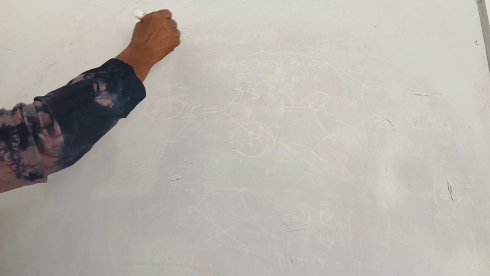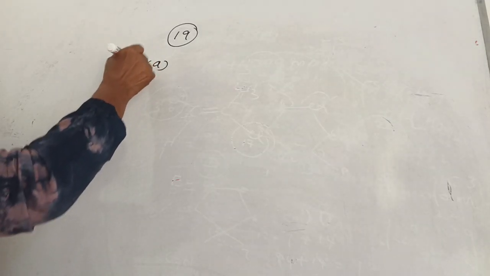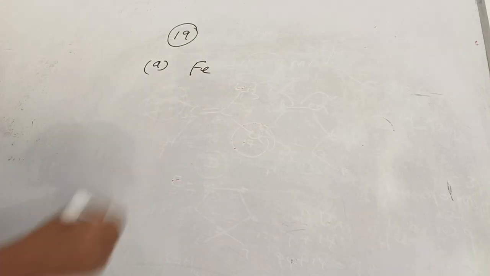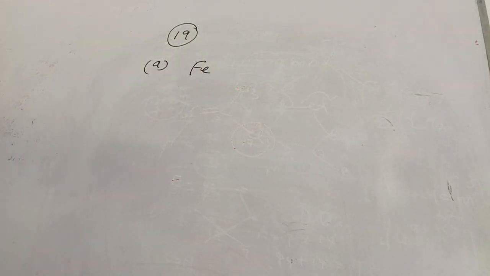Section B starts with the element iron forming two chlorides. Question number 19: it is metallic iron, so it exists in two forms, iron 2 chloride and iron 3 chloride. The question starts with iron being allowed to react with a hot solution of iron 3 chloride.